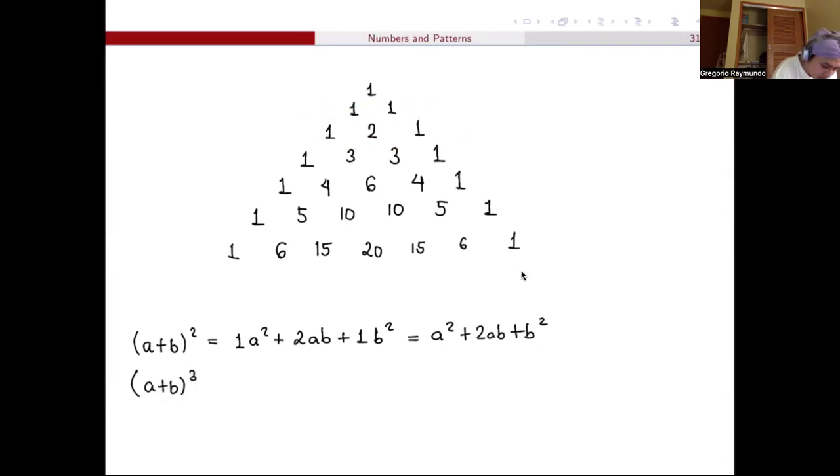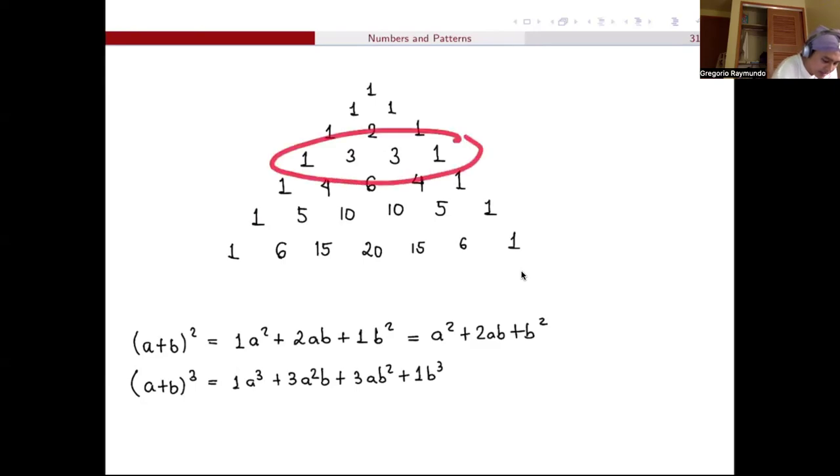A plus b cube ay 1a cube plus 3a squared b plus 3ab squared plus 1b cube. Ito naman yun. So you can guess ano ang a plus b to the power 4.